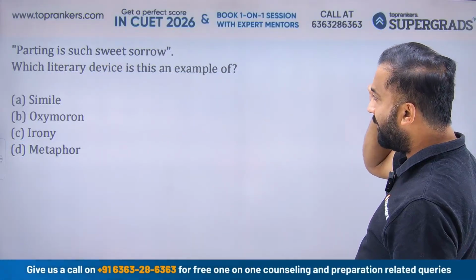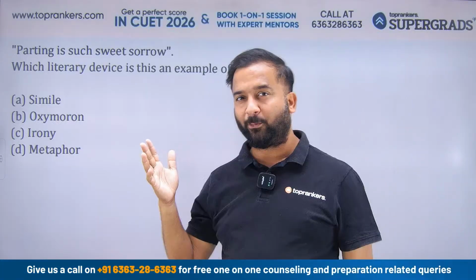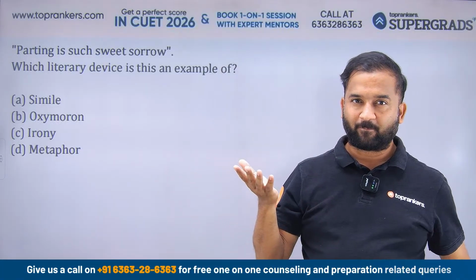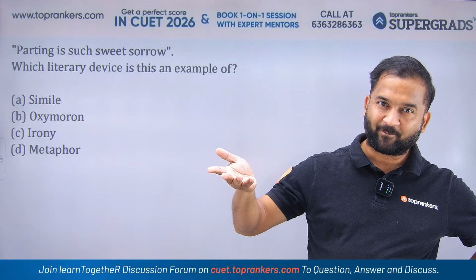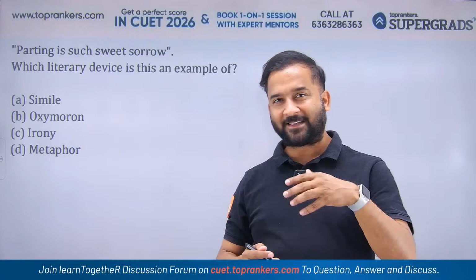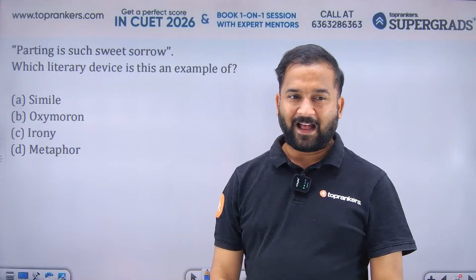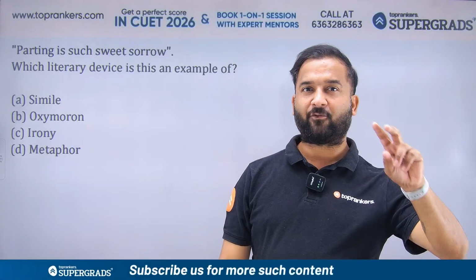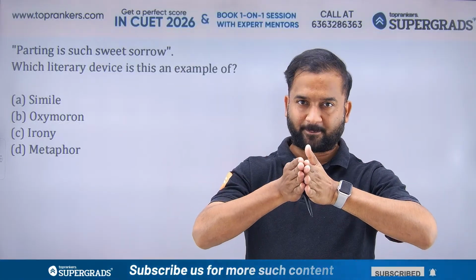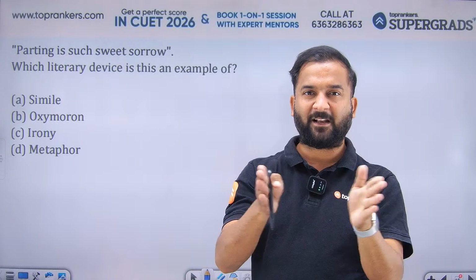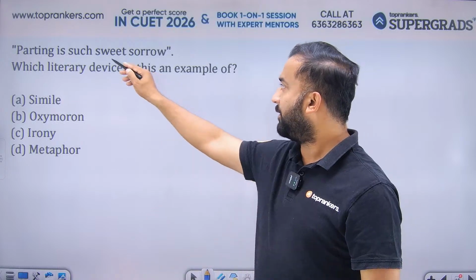Moving on. Parting is such a sweet sorrow. I think बहुत सारा hint मैं आपको दे चुका हूँ. And as I said earlier, when we have two words of opposite meanings juxtaposed together, juxtaposed, that means they are placed side by side. Words of opposite meaning यहाँ पे क्या है?